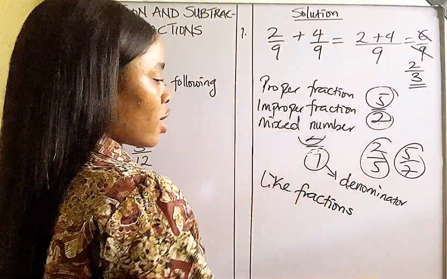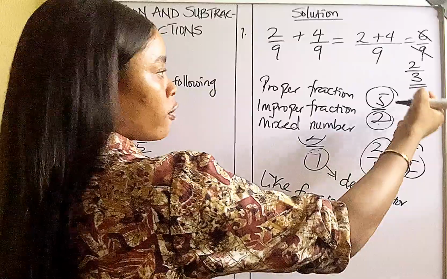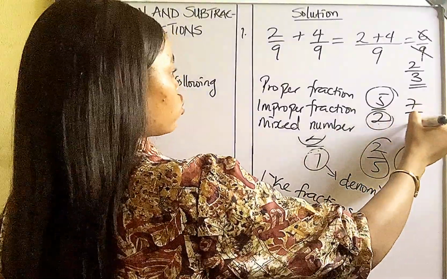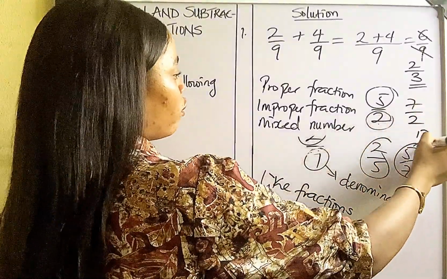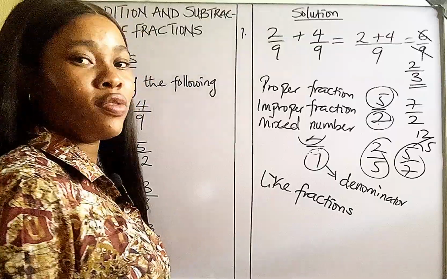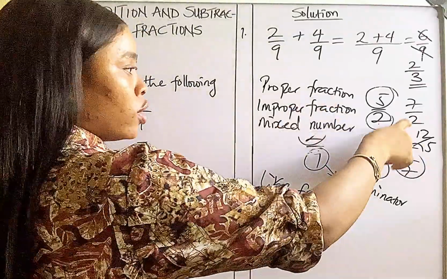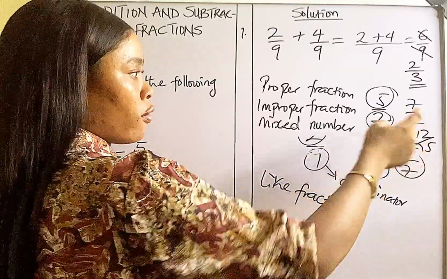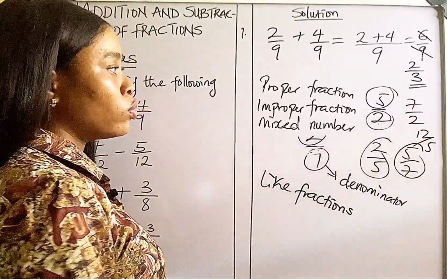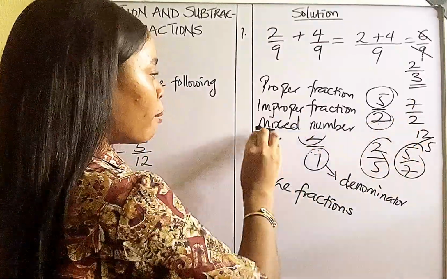Whenever your answer is in such form, like 7 over 2 or 12 over 5, it is very, very improper to leave your answer in such form. So rather, that brings us to our mixed number.